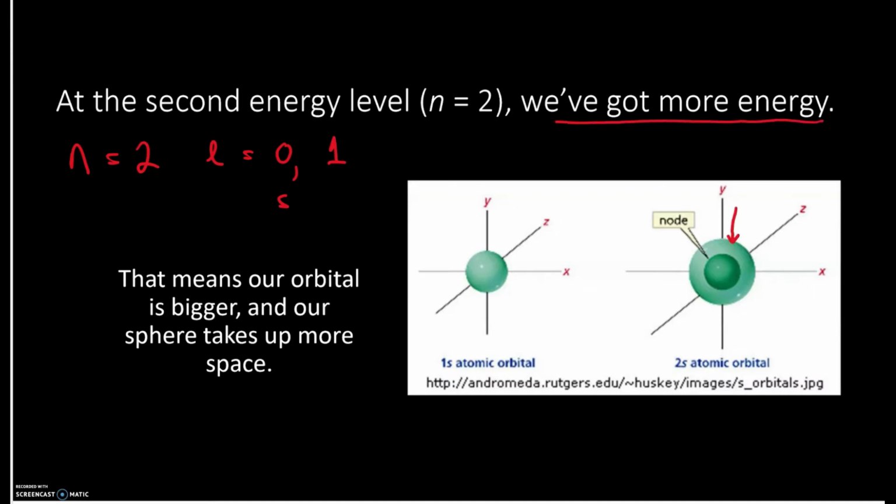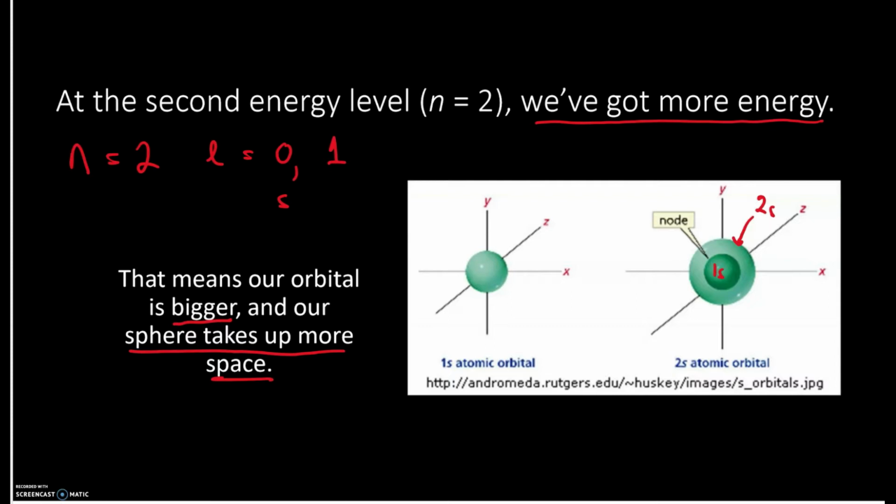We've got more energy, and so the orbital is bigger, and that means that our sphere takes up more space. You can see it here. The s orbital from energy level 1, what we're going to call 1s, is right here, and it's pretty small. But the energy level 2 s orbital is a little bit bigger. You can see how it takes up more space. It doesn't mean it can hold more, it's just a bigger room. It's higher up in the building.